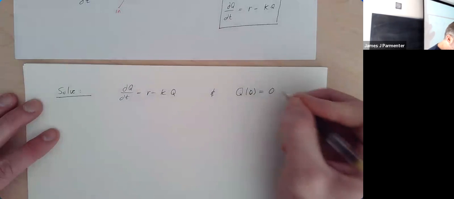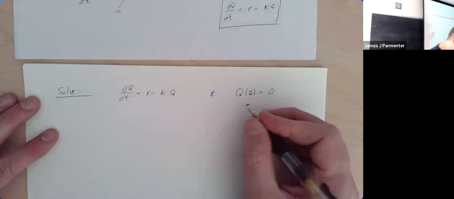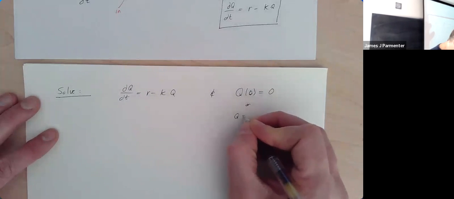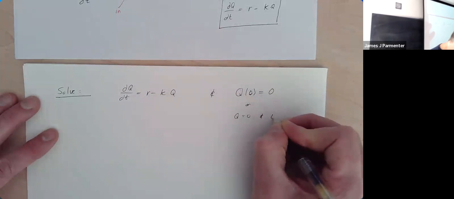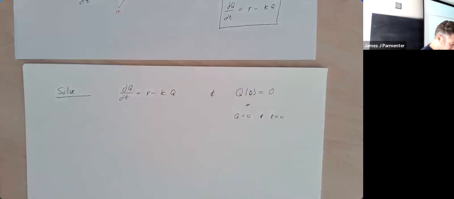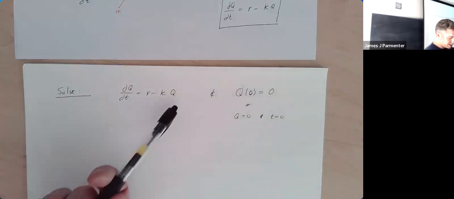Right. You can write it this way, or you can write it like Q equals 0 when t equals 0. It's another perfectly good way of writing it. And that's the information we're going to use later on to figure out the constant of integration.